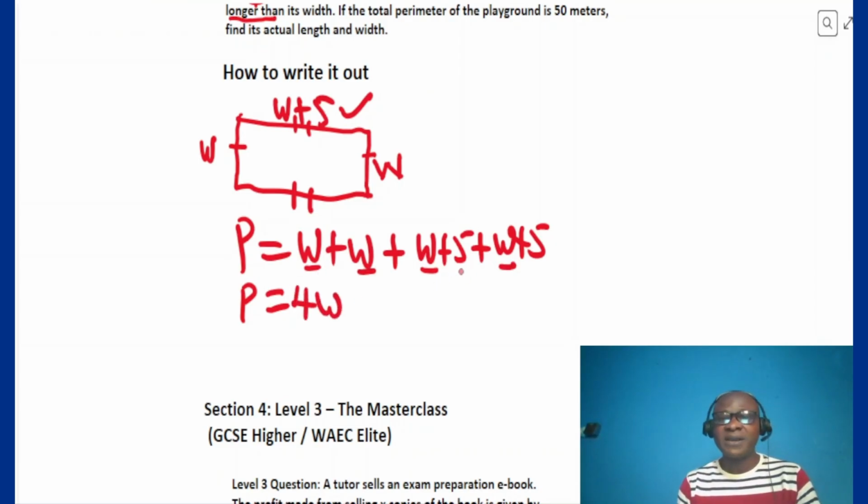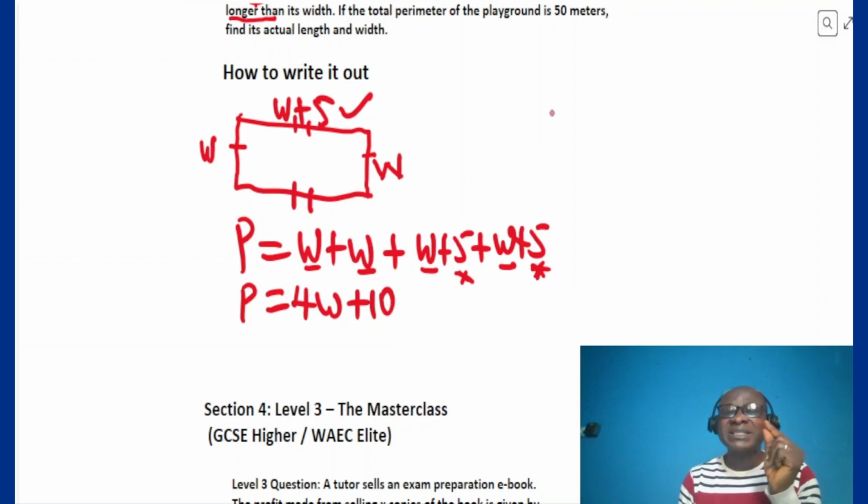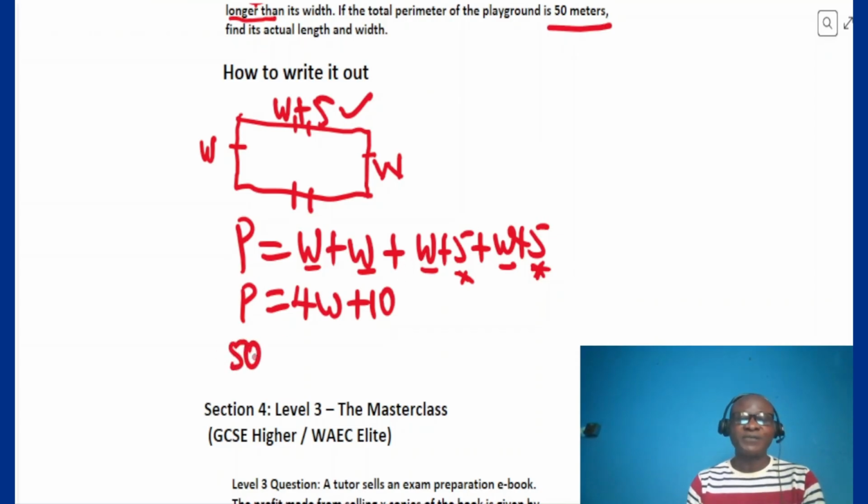Then 5 plus 5 plus 5 plus 5 will now be 10 plus 10. And they said the perimeter is given to me as 50 meters. Can you see it? Therefore, where there is perimeter, I will replace it with 50. So the perimeter that I'm looking for is equal to 50 meters, which is now equal to 4W plus 10.